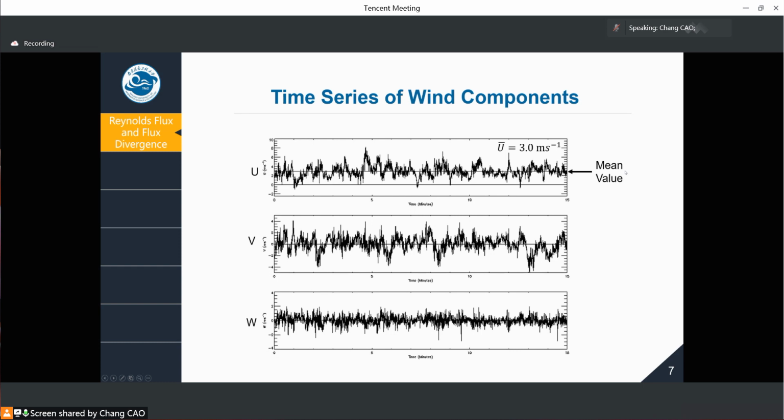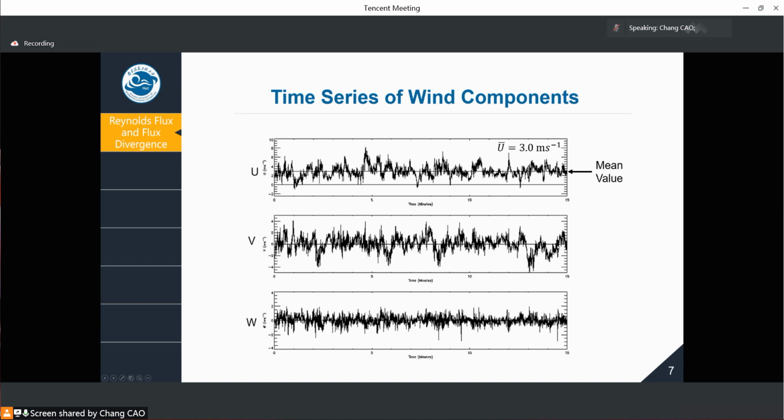And compared with V and W, we find that the mean value of U, of this velocity part, is not 0, right? Because 0 is here. But for V and W, we can find that the mean values are usually close to 0.